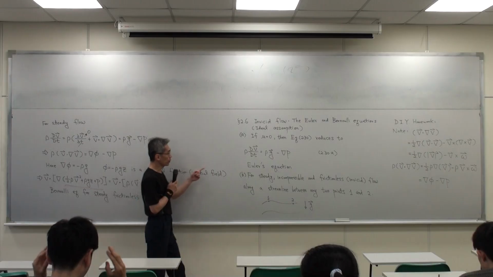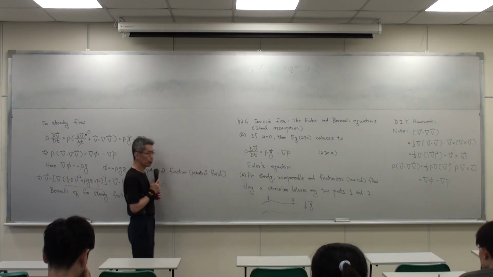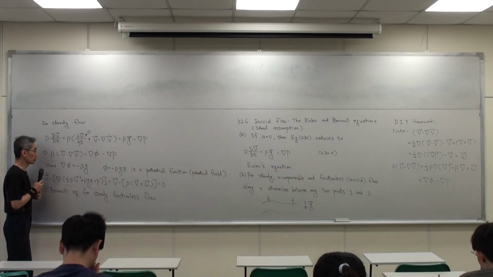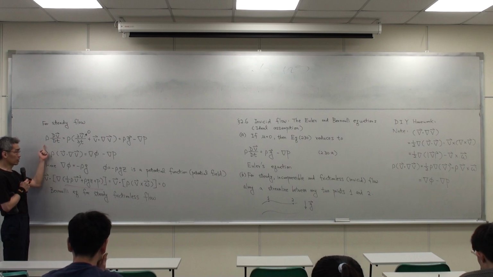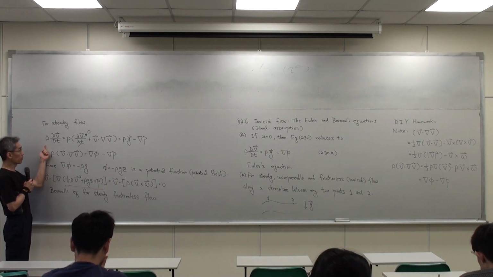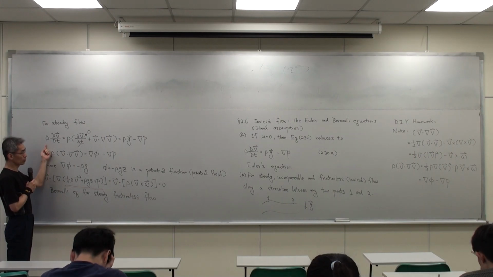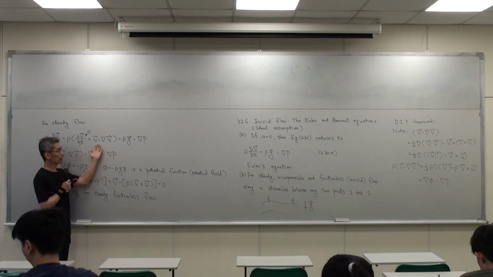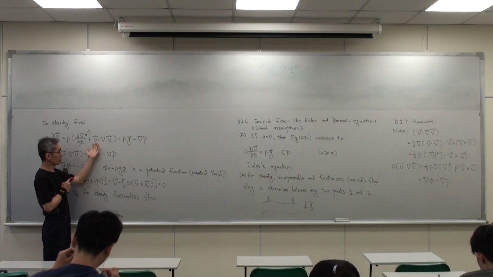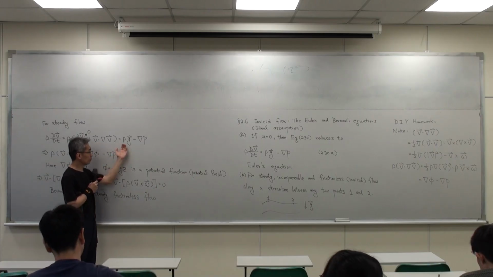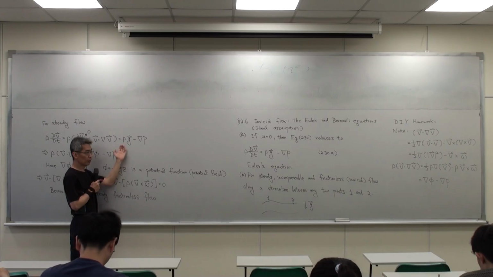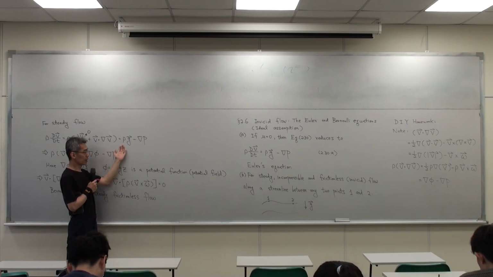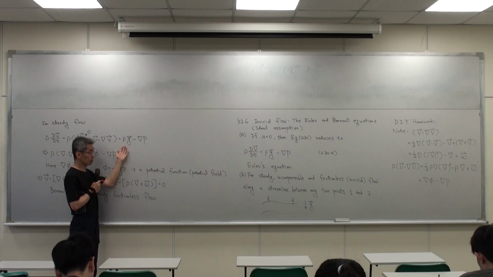If we rewrite this Euler equation, we can write it this way. Because it's a steady flow, we only have a convection term. And on the right-hand side, the gravitational force is basically the body force.